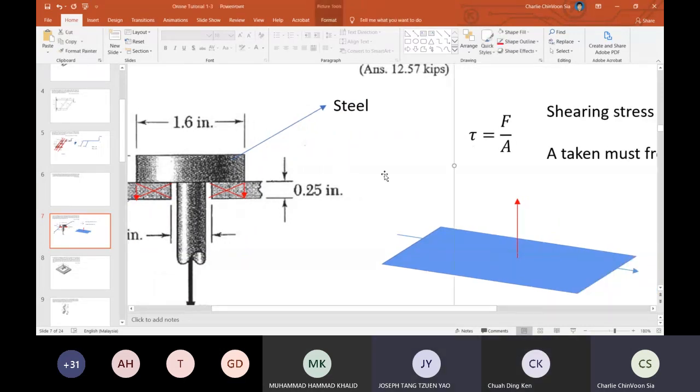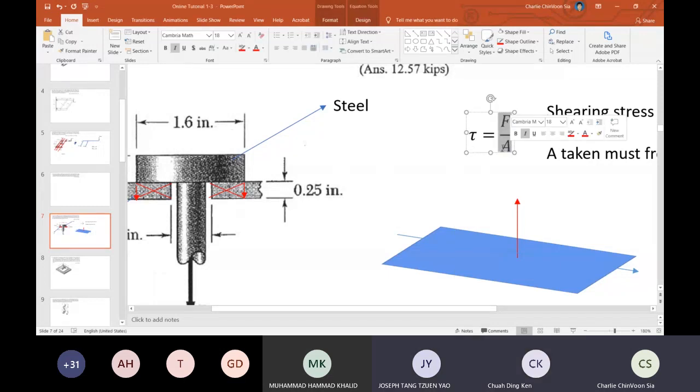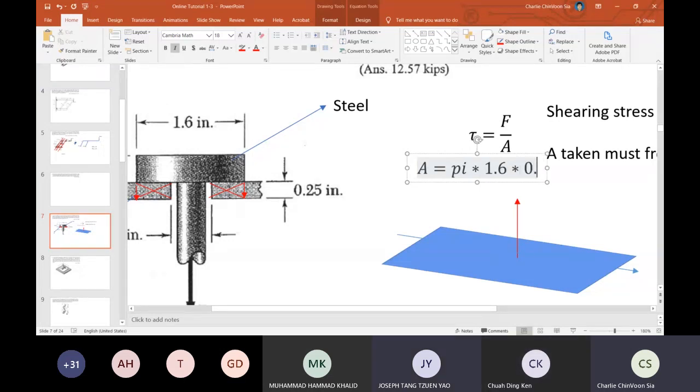Therefore, the A for the aluminium will become pi multiplied with D. D is 1.6 because the hole is getting larger after it punched through, then multiplied with the thickness of the aluminum plate, 2.5.